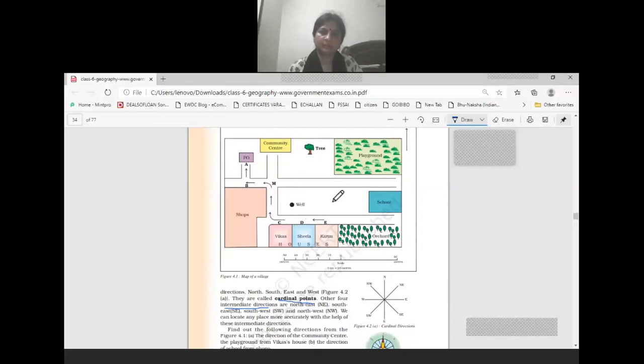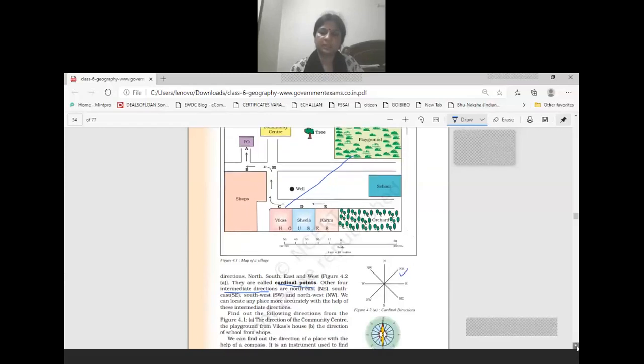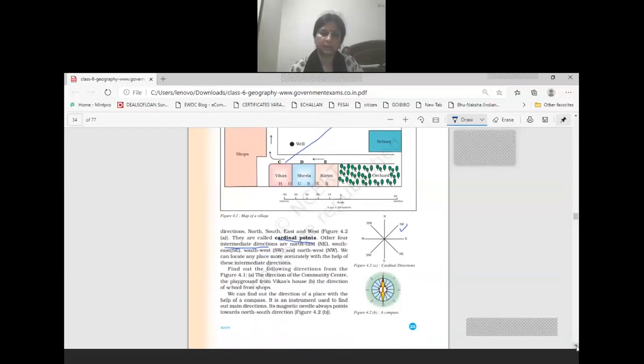And playground is in which direction from Vikas house? Playground is in the direction of northeast. Okay. This is north, and this is east. So the direction of the playground is, this is the direction, and which direction is this? This is northeast. Okay. So the playground is in the northeast direction of the Vikas house.